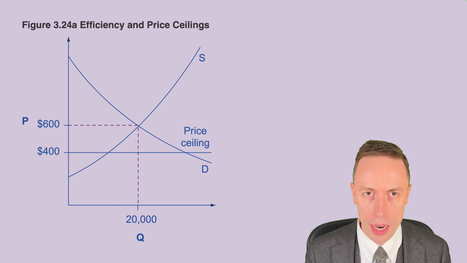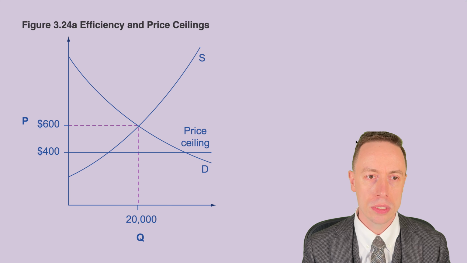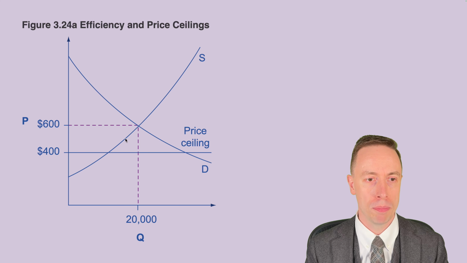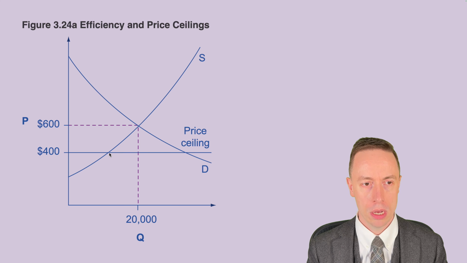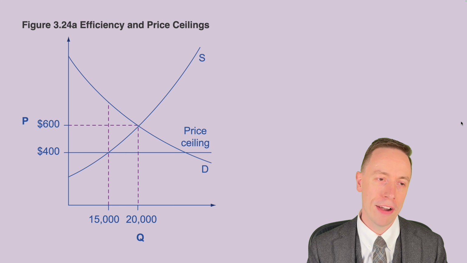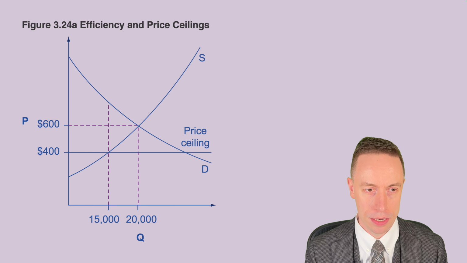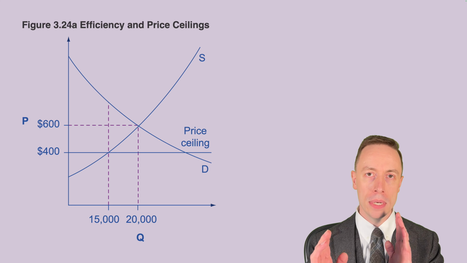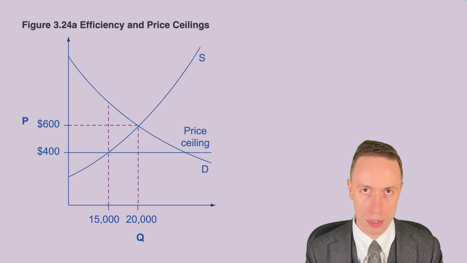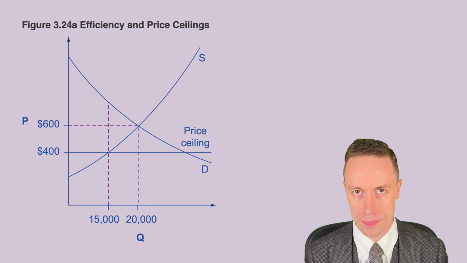We already discussed the impact on quantities. At this lower price, we find that quantity supplied falls and quantity demanded increases. But one of those numbers is more important than the other one. In order to have a sale, you need both a buyer and a seller. So when you have a mismatch between quantity supplied and demanded, how many sales actually happen?